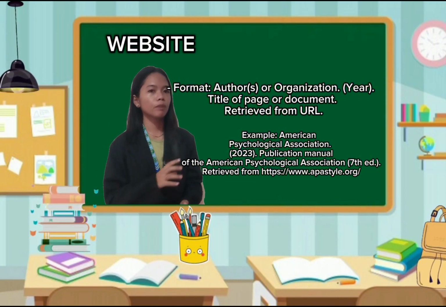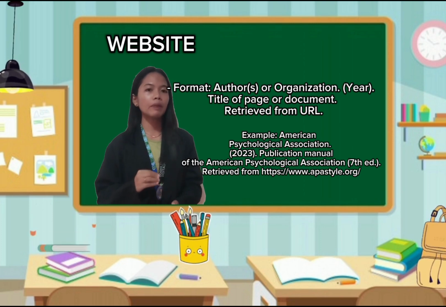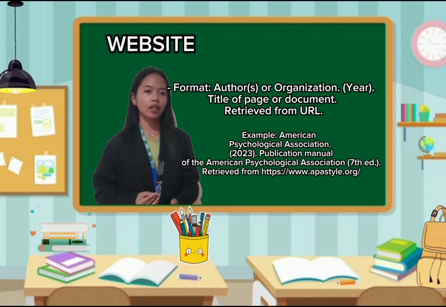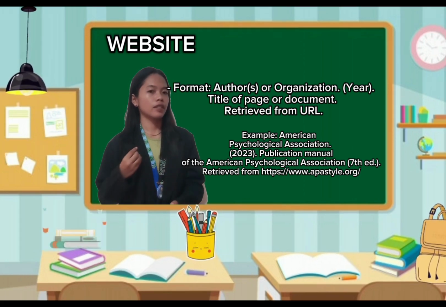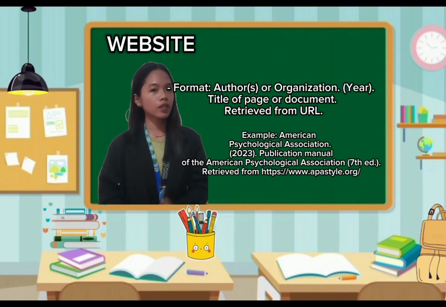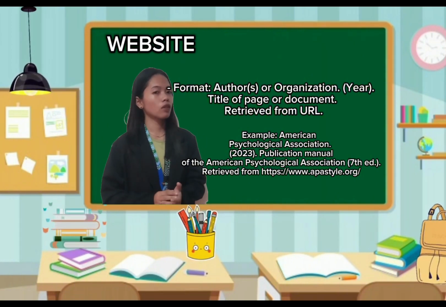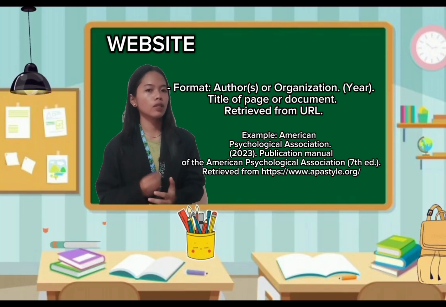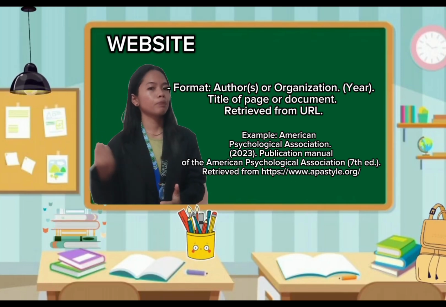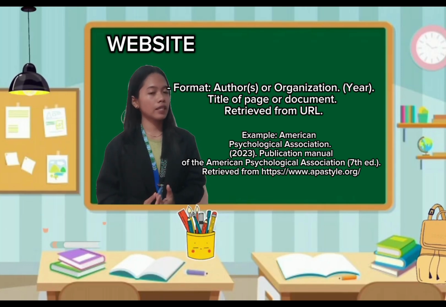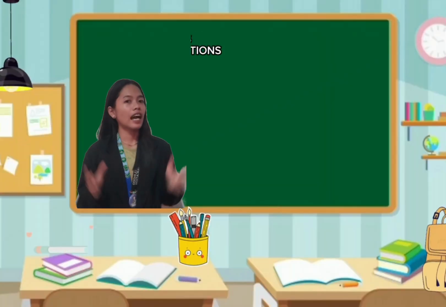Then the title of page or document is the Publication Manual of the American Psychological Association, 7th edition, in parentheses, period, retrieved from https://www.apastyle.org.